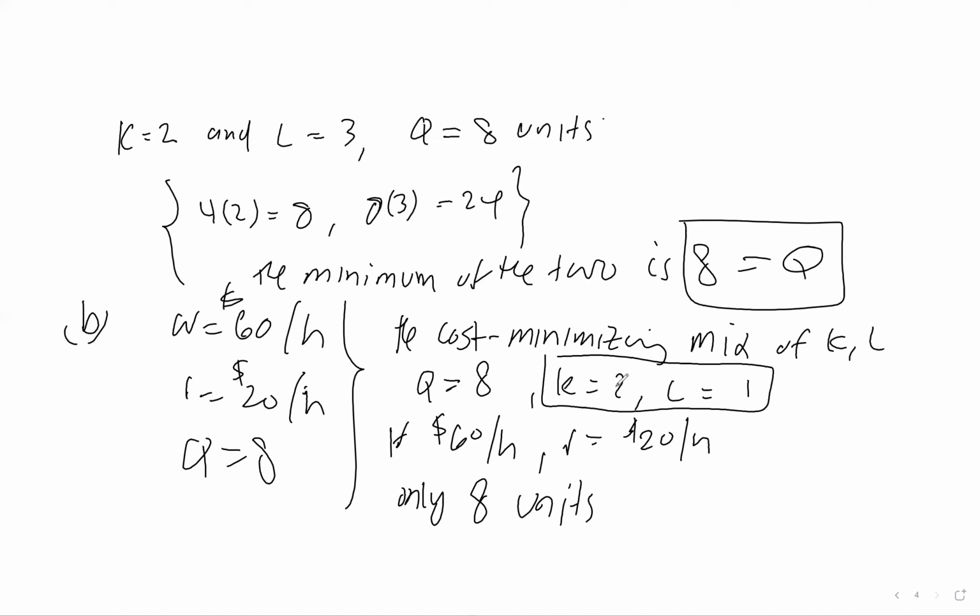So 2 units of capital and 1 unit of labor. And this is because the Leontief production function dictates that only 8 units can be produced, so only 1 unit of labor is necessary to produce this amount to go along with the 2 units of capital that get this minimum. So that's your answer to part B.